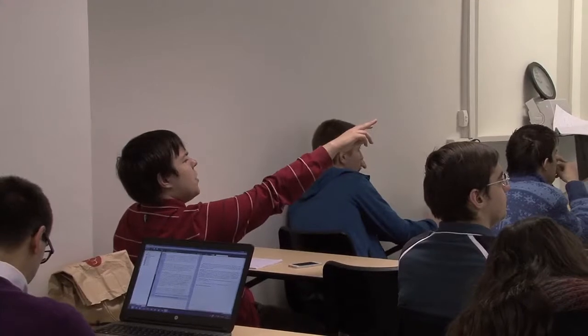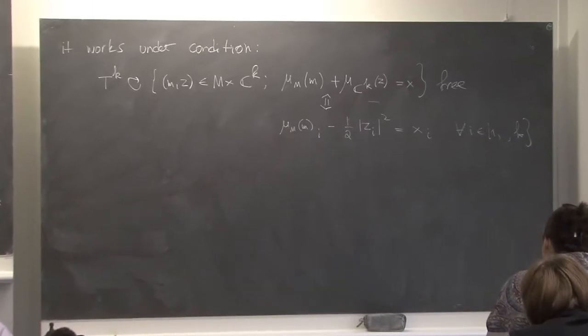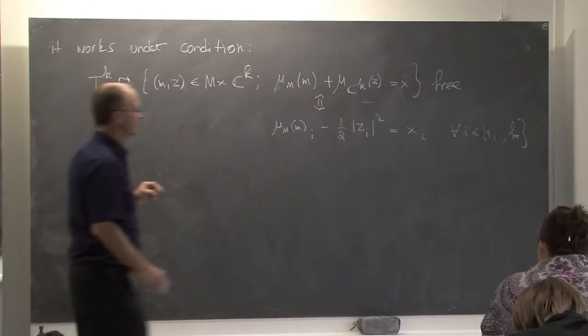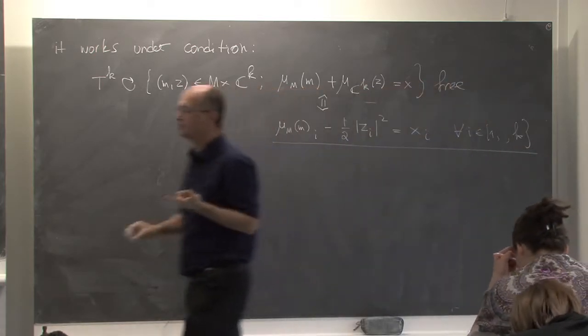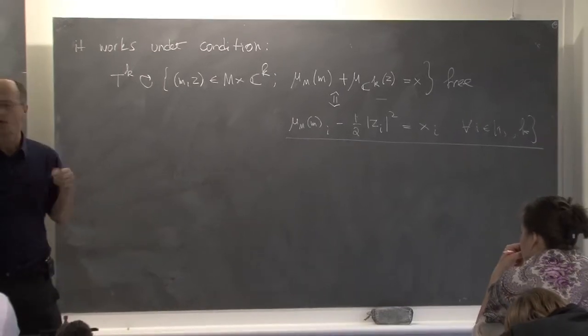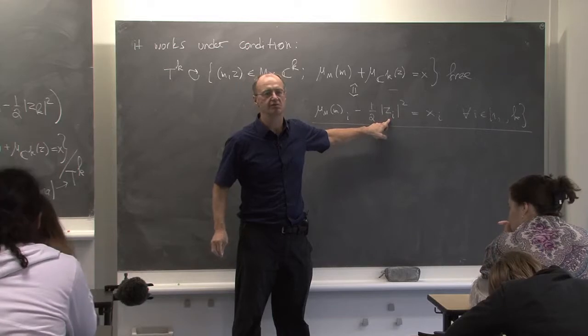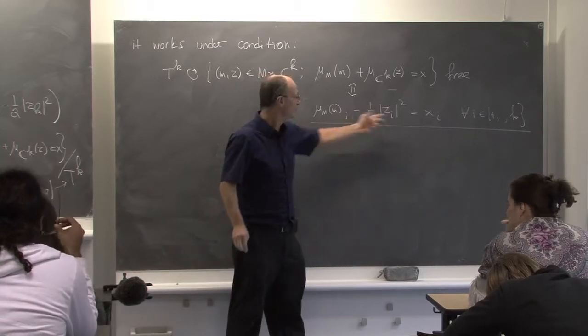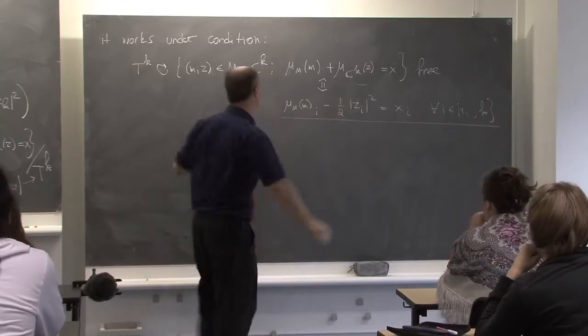It would be mu M of m plus mu CK. Plus, yeah, thank you. Right. So that's the set of conditions. So remember, before we had two cases, right? One case was when z was equal to 0, and the other case when z was different from 0. Now, well, there will be many cases in general.